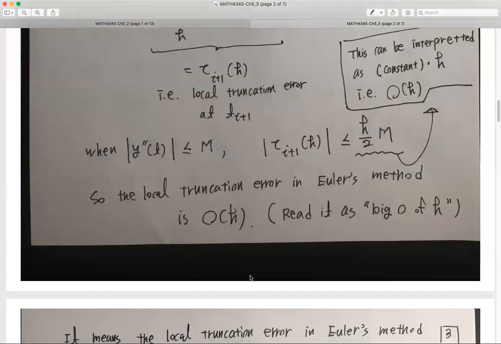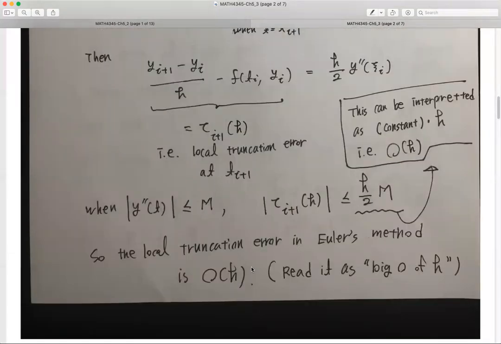It's a constant times h. So what if we have a certain method whose truncation error is big O of h squared? It means that the local truncation error will decrease quadratically as h is decreased.